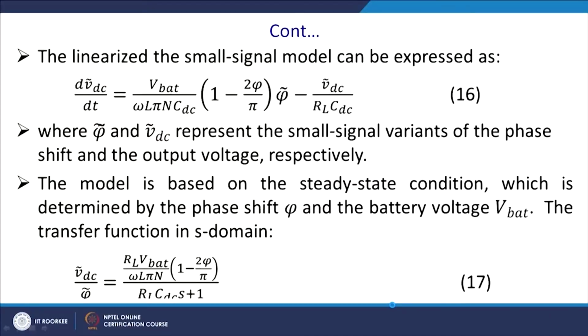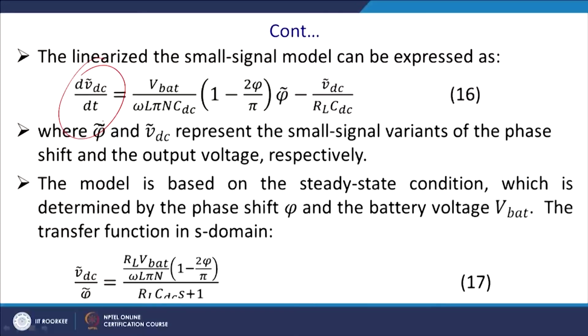So, what happened, the linearized model of this DC to DC converter can be written in the form of, we will ultimately form the state space. So del dVdt equal to battery by 2 omega omega L pi n, where n is the number of turns ratio 1:n we have considered, into CDC 1 minus 2 psi minus phi into psi minus this thing.